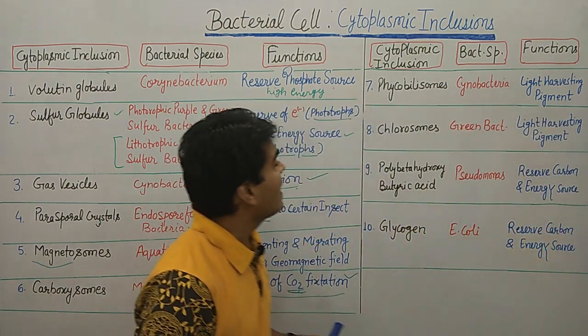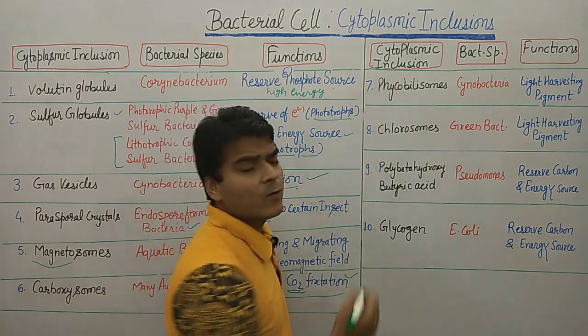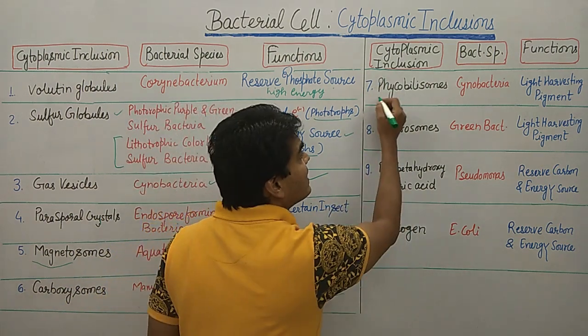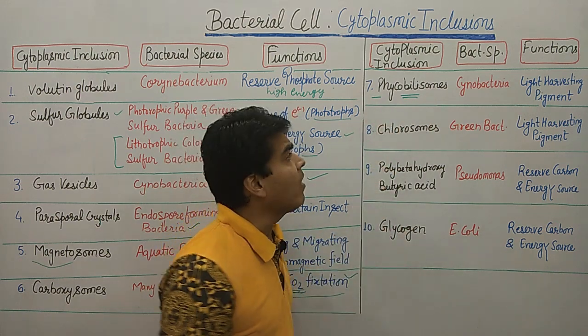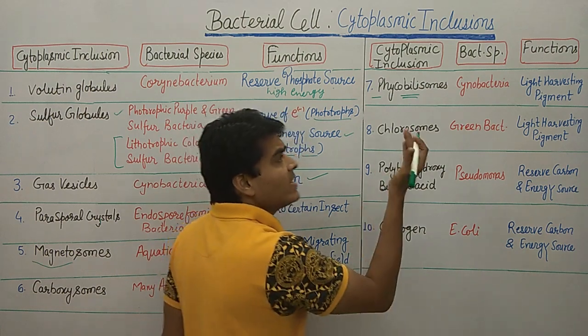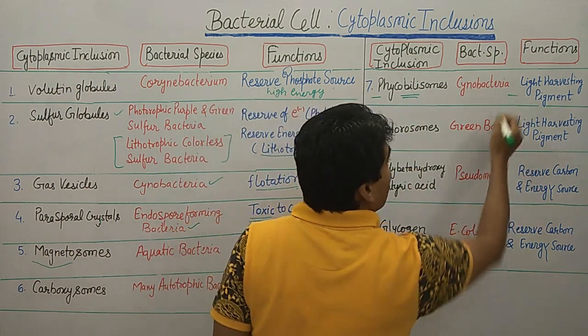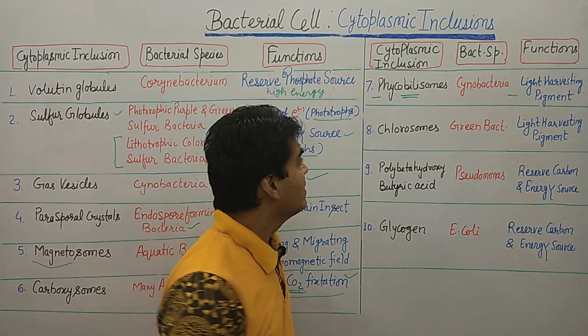Now moving on to the other cytoplasmic inclusions. Another important one is phycobilisome, which we find in cyanobacteria. What is its function? They are light harvesting pigment.